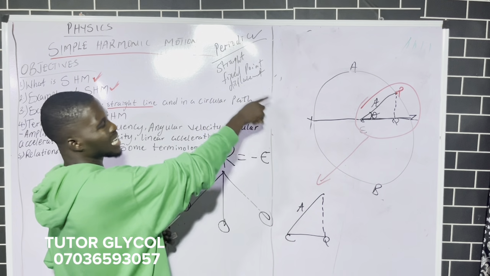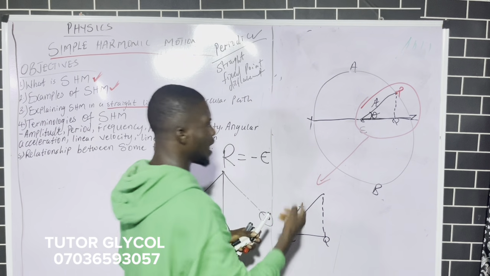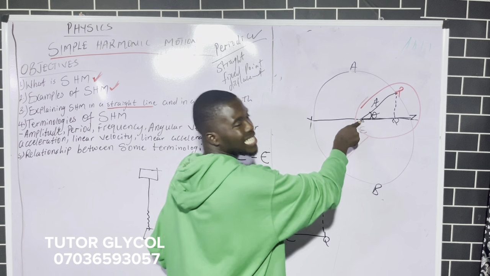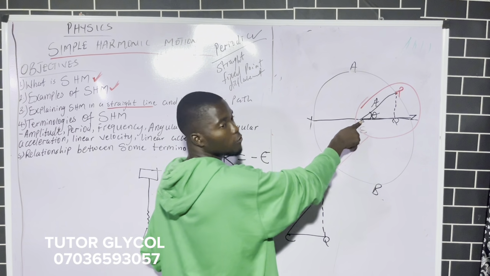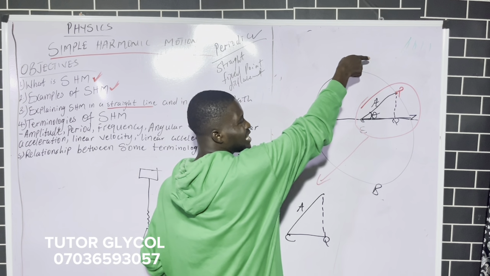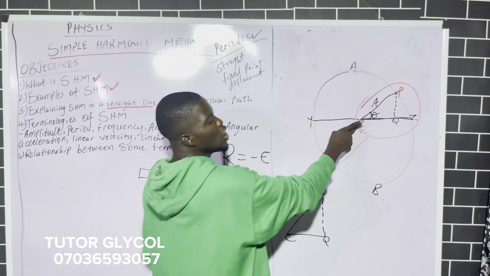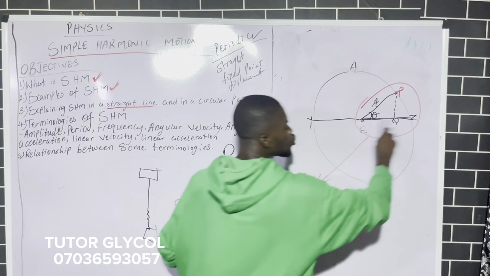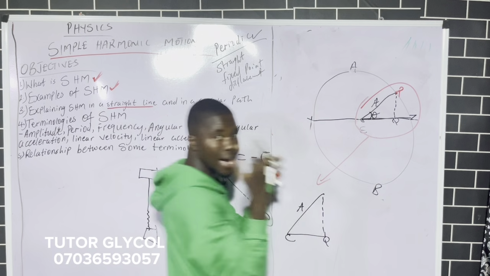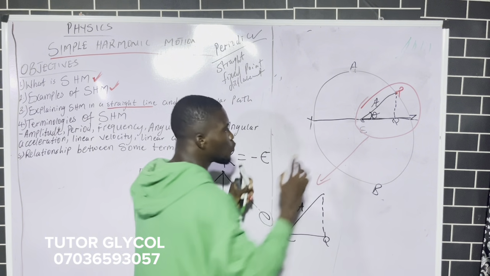we said the acceleration is directly proportional to the displacement, right? So if this was where stone P started off from, and shadow Q started off from rather, if stone P was initially here, its shadow Q was here. So as stone P begins to move, you notice that shadow Q is moving to and fro. So our key focus is just here.